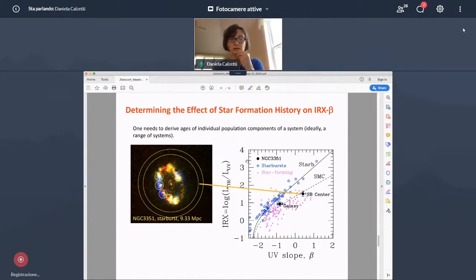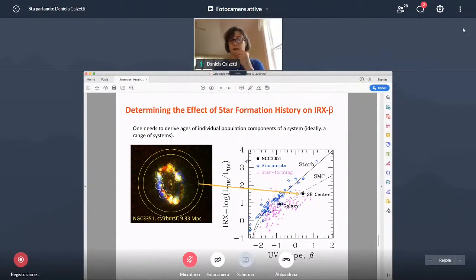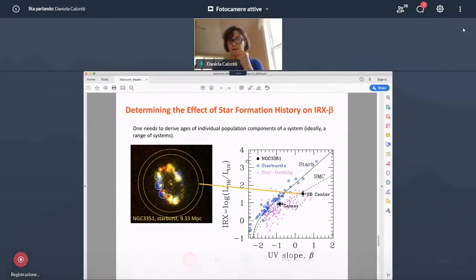So we went on and started to model individual regions in this nearby starburst galaxy, NGC 3351. In the plot to the right, you can see its location on the IRX beta diagram. The region called the SB center, which is the center of this galaxy, and also the galaxy itself, are located far removed from the starburst curve, which is marked by the continuous black line on the right plot.